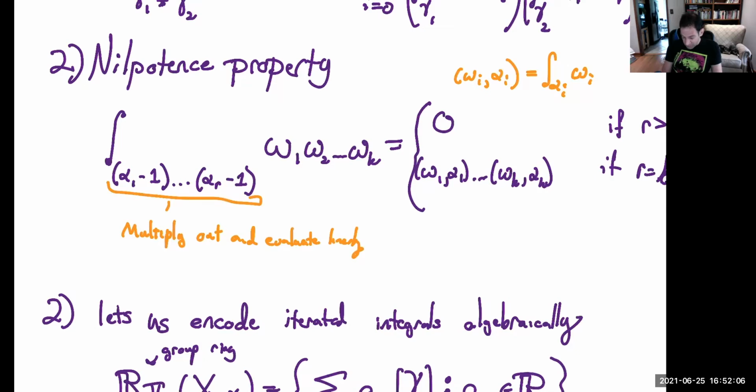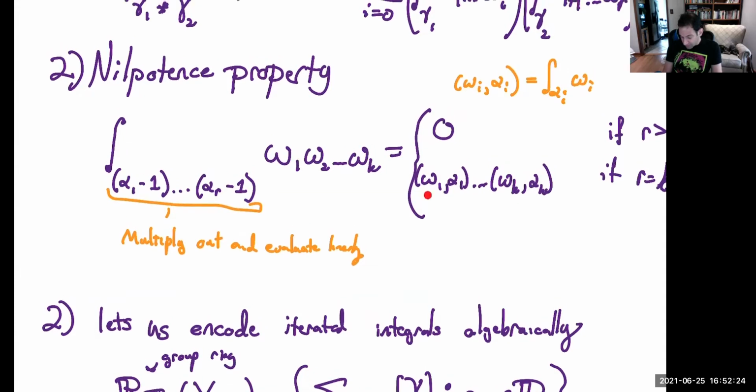Then if I have more loops than I have one forms, I get 0. And if I have exactly the same number of loops as one forms, I get just the product of the usual integrals. Here, I'm pairing omega 1 with alpha 1, up to omega k with alpha k, and I multiply out. And this fact lets us show that, in a certain sense, iterated integrals is non-degenerate.